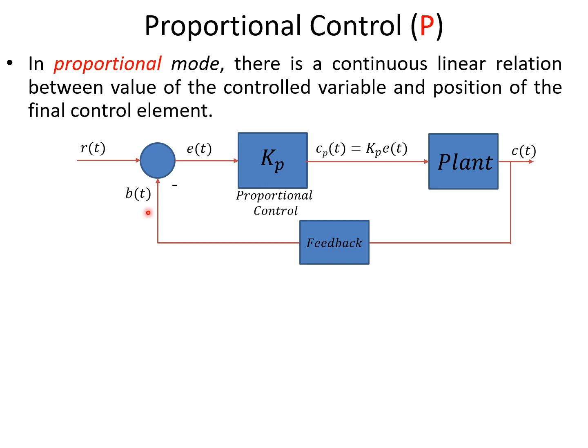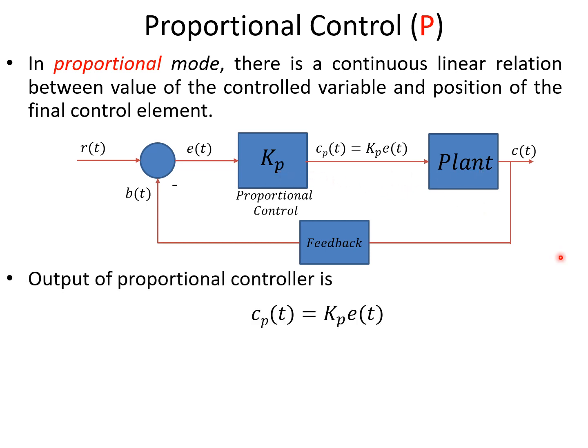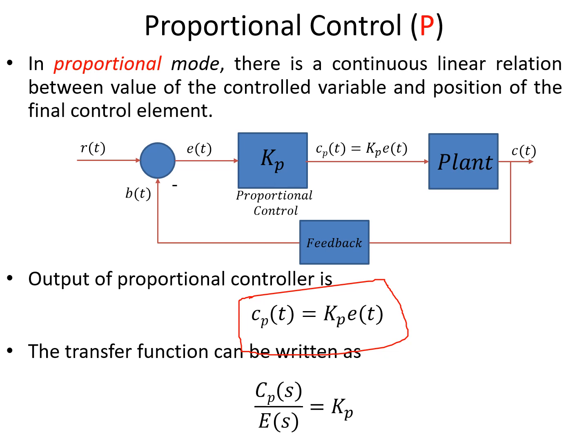Cp of t is taken as Kp into E of t, right? So this is controlling your plant proportionally, and the output of the proportional controller is Cp equal to Kp into E of t, that is, the proportional controller constant into the error signal E of t.